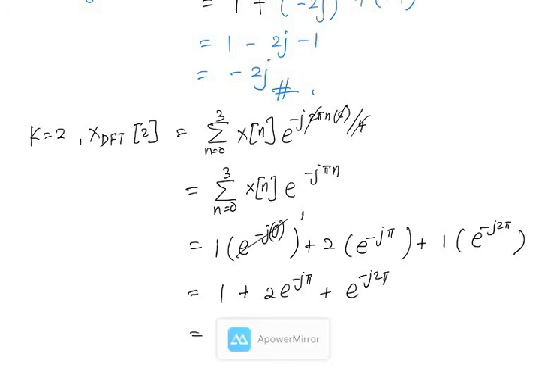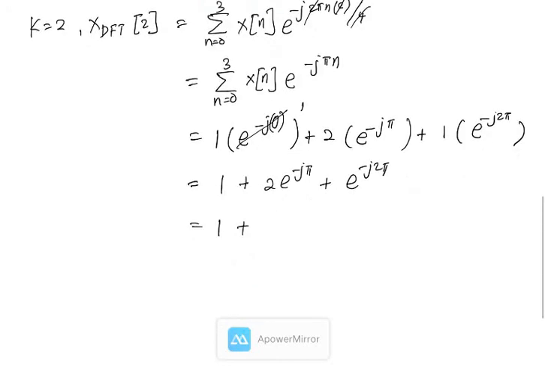So when you press the calculator, using the method that I teach you just now, exponent minus j pi gives you minus 1, plus with cos 2 pi, I can straight away write it down as 1, because I already simplified. So I get 1 minus 2 plus 1, so I get 0.